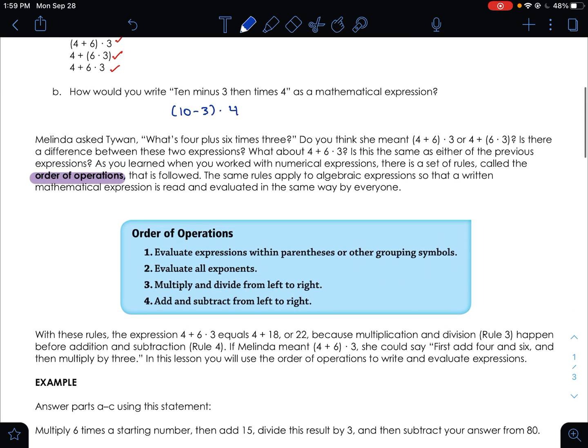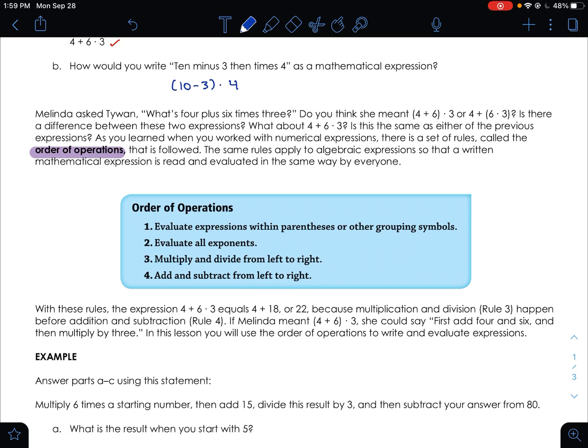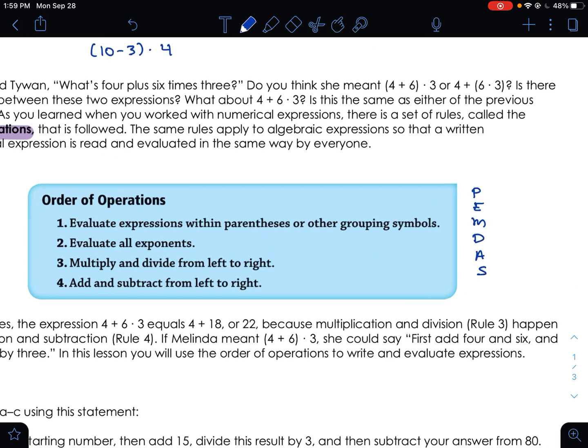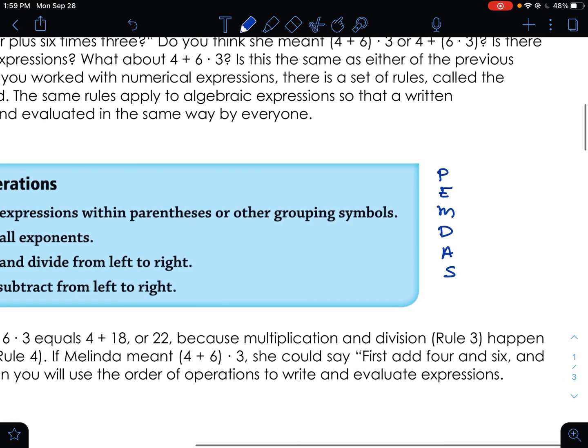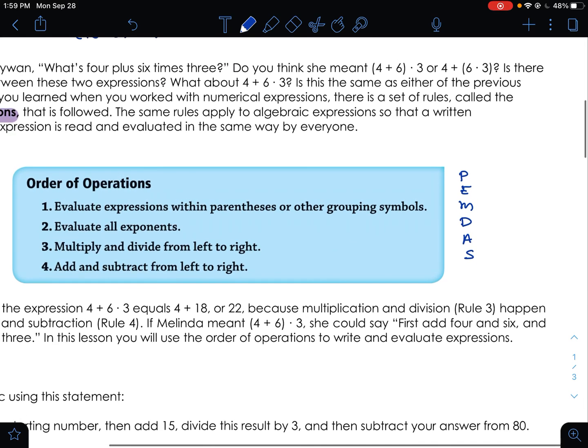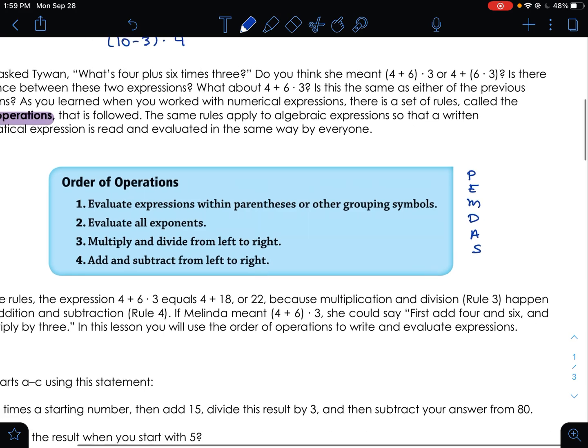Now, you've learned a lot about order of operations. A lot of times you'll hear the phrase PEMDAS, which means you deal with all the parentheses, then the exponents, then you do multiplication and division left to right, and then addition and subtraction left to right.